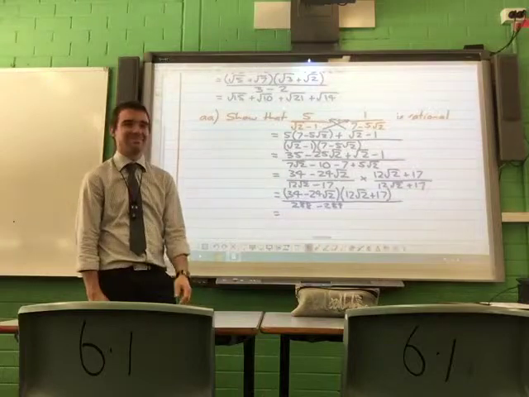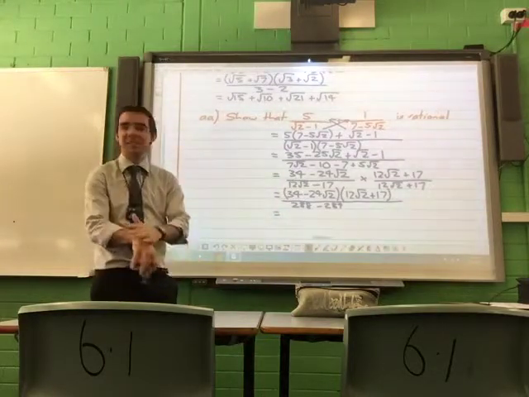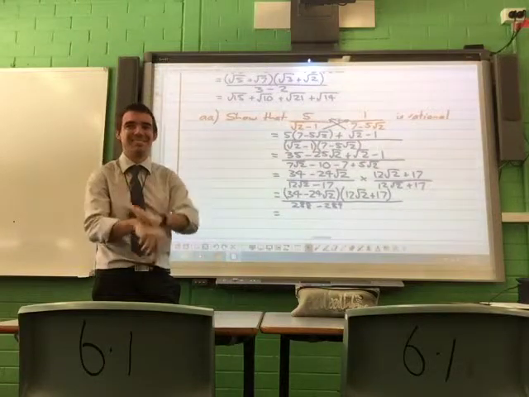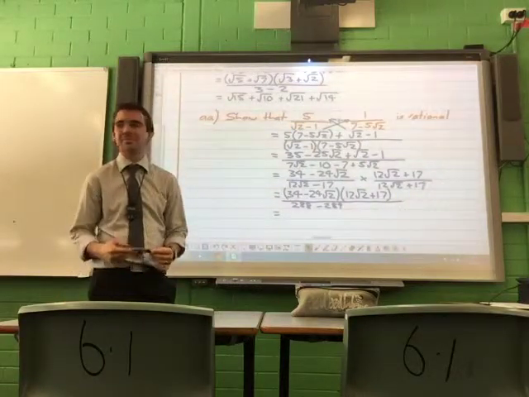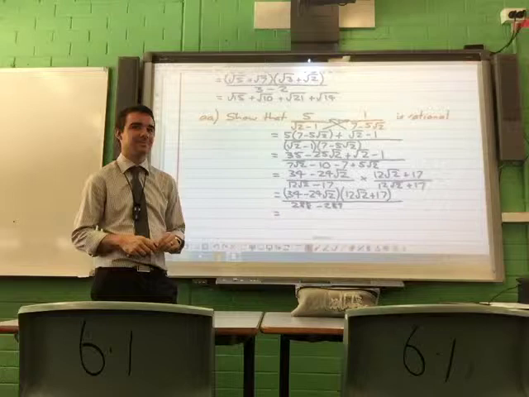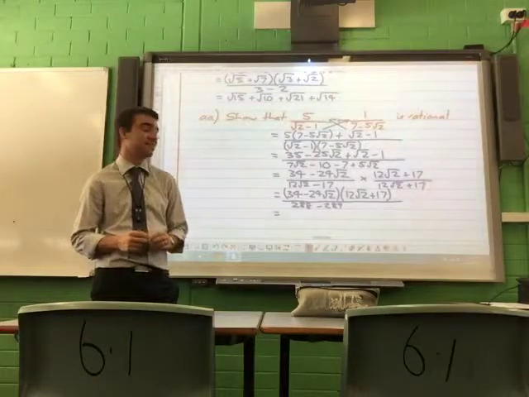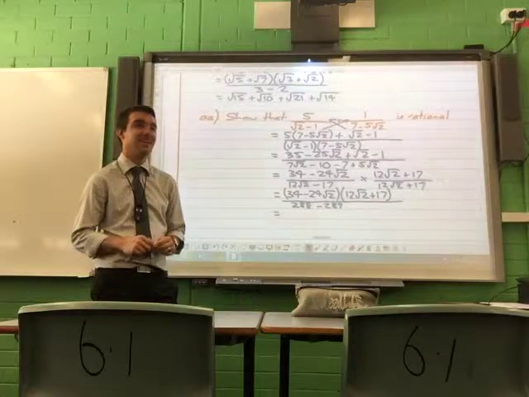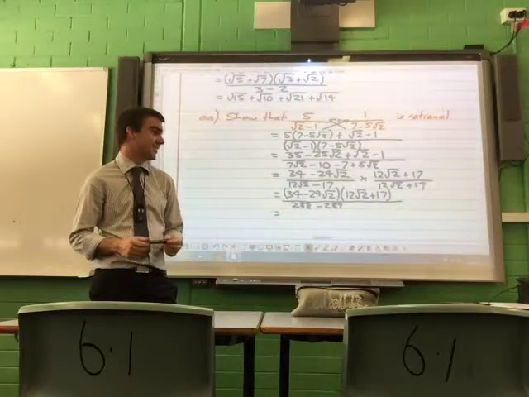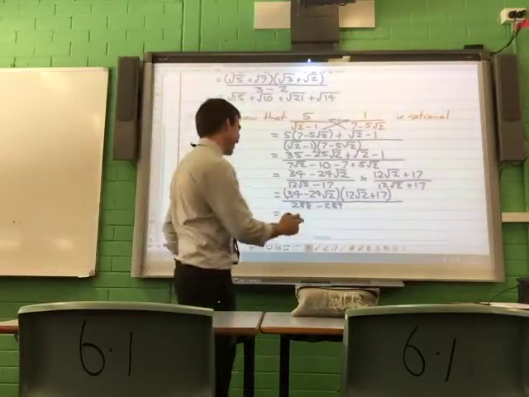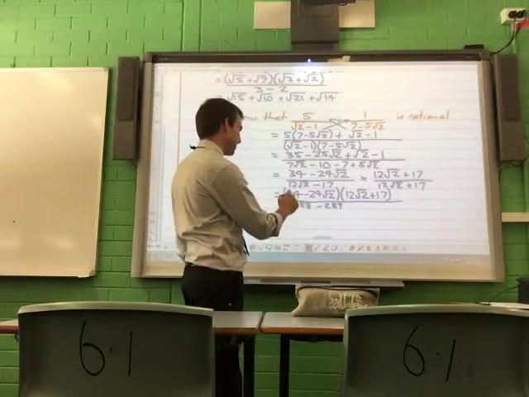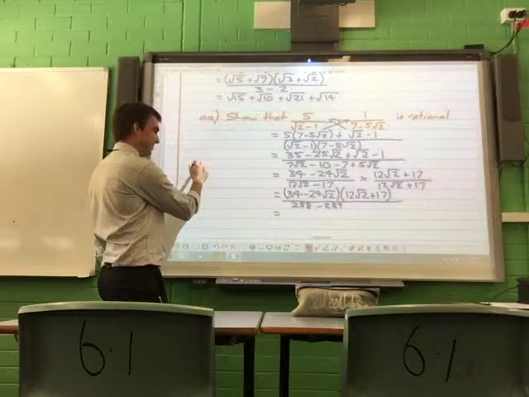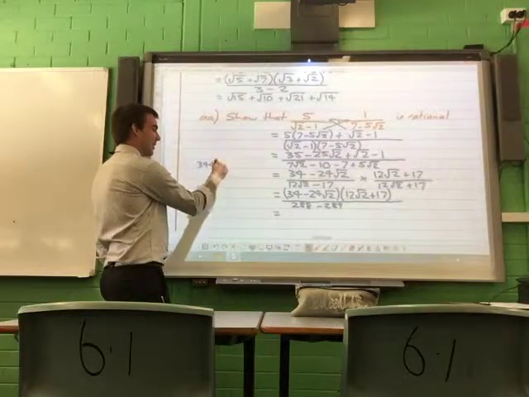What's 34 times 12? It's like 400. 408. Yes. 10 times 34 is 340, and 2 times 34 is 68.